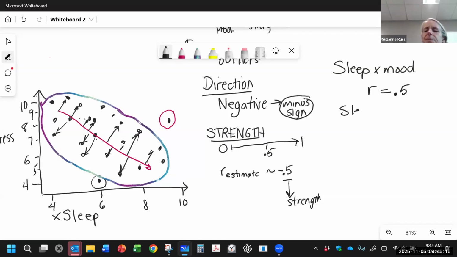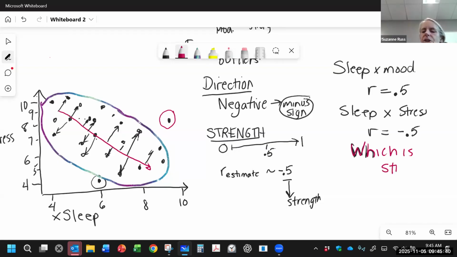When we did sleep by stress, let's imagine that the R was equal to negative 0.5. The question is this. Which is stronger? Which is the stronger relationship? This one or this one?